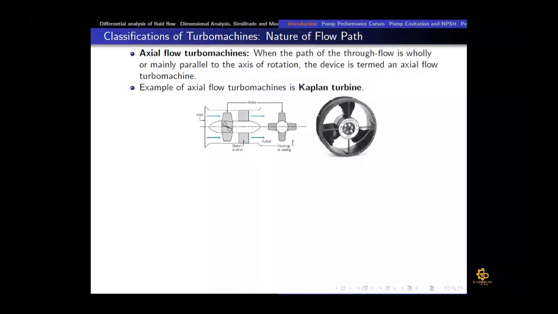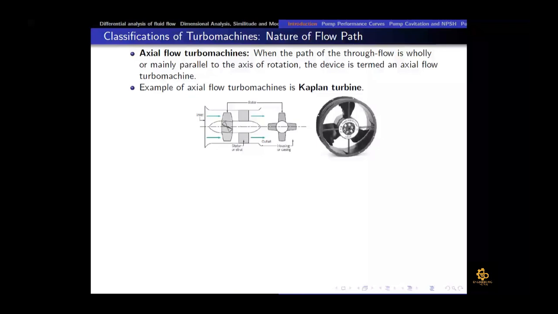So one is axial flow turbomachines. It means that the general path of the flow is entirely or approximately parallel to the axis of rotation. An example is the fan which is installed in your workstations at home.